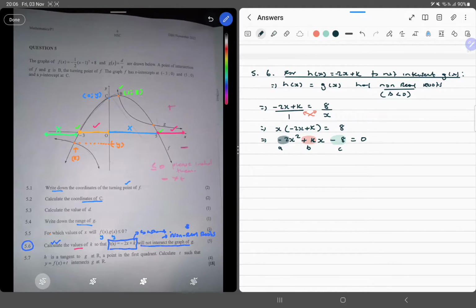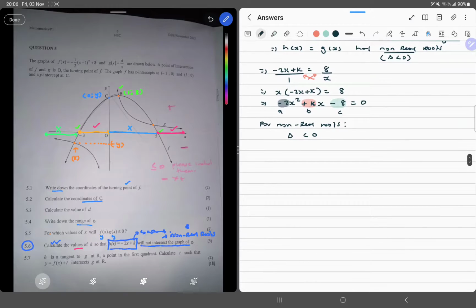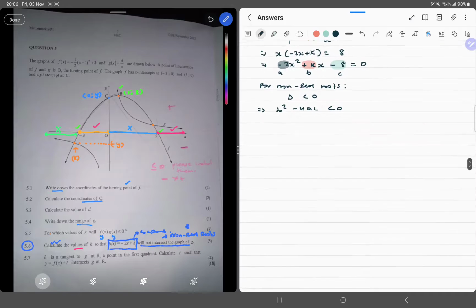So this is our c. We know that for non-real roots, delta must be less than 0. When the delta is less than 0, if you take the square root of a negative number, your calculator says a math error. So b squared minus 4ac must be less than 0.